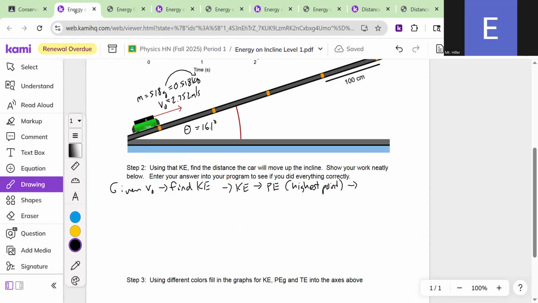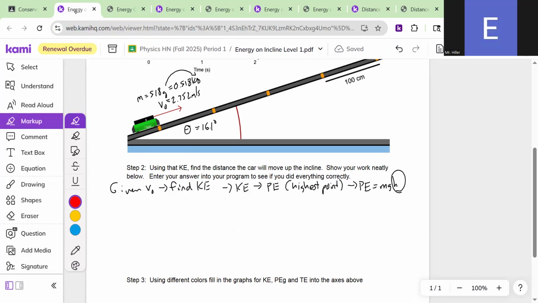Since we know that potential energy equals mgh, we'll solve for height. Lastly, and you can kind of see this from my picture here, let's pretend that the cart gets to that height right there.